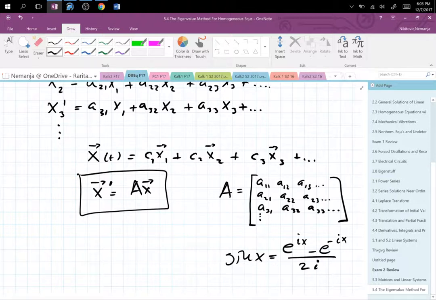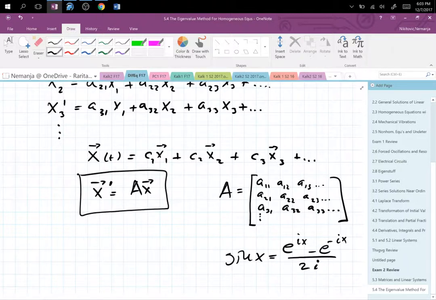So technically, you were taught a regurgitated form: if you have a distinct solution, it is e. If you have a repeated solution, it is e and then times t. And if you have the complex, it's cosine and sine. But the reality is they're all e's. And then you just have extra stuff if it's not just real numbers or repeated.